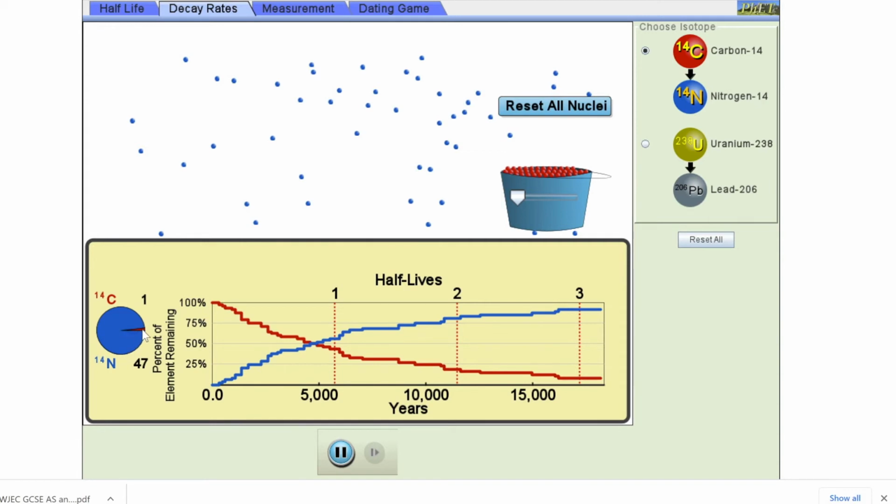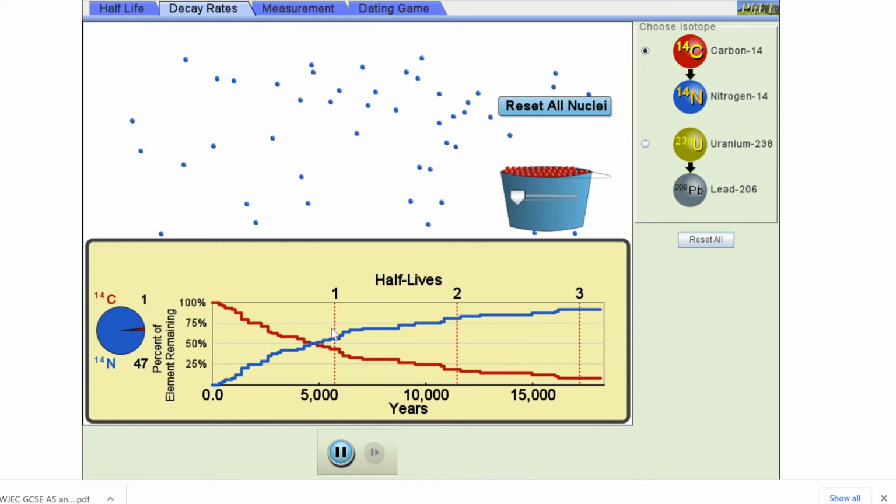The number of carbon atoms is reducing, and the number of nitrogens increasing. So the point at which we get to 50% here is the half-life of the carbon atom, shown here about 5,000.